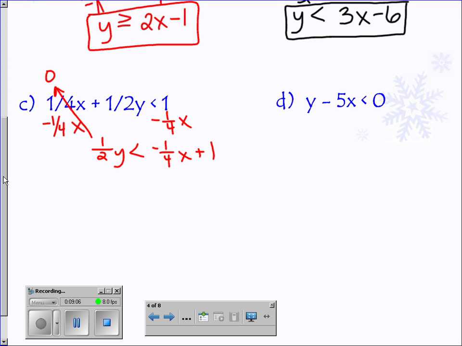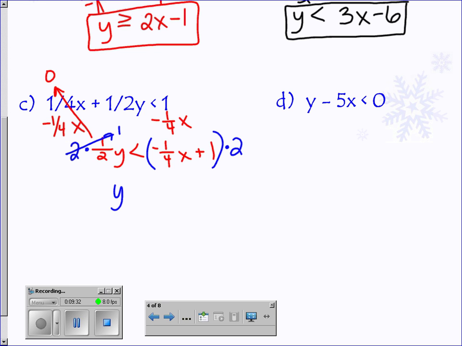Then we can do one of two things. I can either divide both sides by 1/2, or if you think about it, what you're doing here is multiplying by 1/2 or dividing by 2. So you can multiply both sides by 2. What's 2 times 1/2? 1. So I have y.